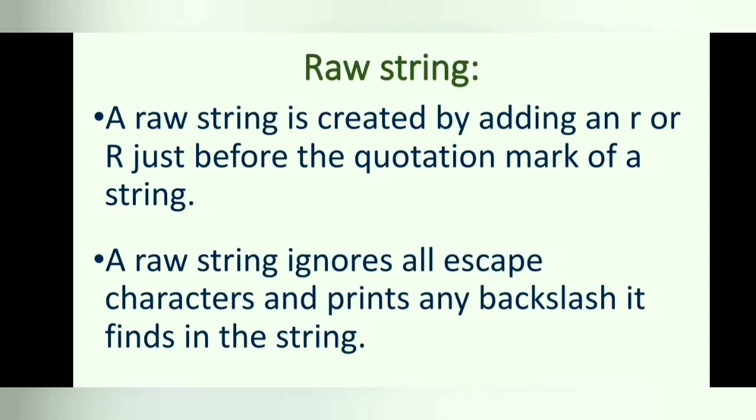Raw string. A raw string is created by adding a lowercase r or uppercase R just before the quotation mark of a string. A raw string ignores all escape characters and prints any backslash it finds in the string.